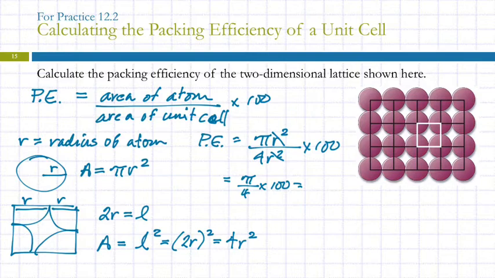My calculator says 25 pi. That's not what I want. There we go. 78 point, a whole bunch of things. Call it 78.5%.